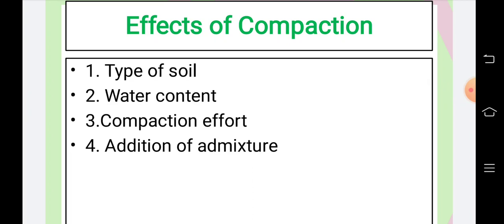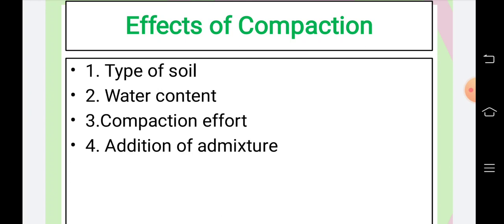The second question is what are the various factors affecting compaction. In unit number 2, it was the factors affecting permeability. In unit number 3, the factors affecting compaction. In unit number 4, the factors affecting shear strength. So note that what are the various factors affecting is an important term.